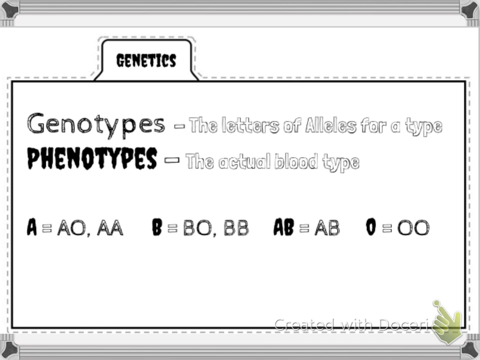Well, the part of the DNA that we look at and we call letters here is called your genotype. So go ahead and sort of color that in, because it will help you to remember it later. So genotypes are the letters of the alleles for your blood type.